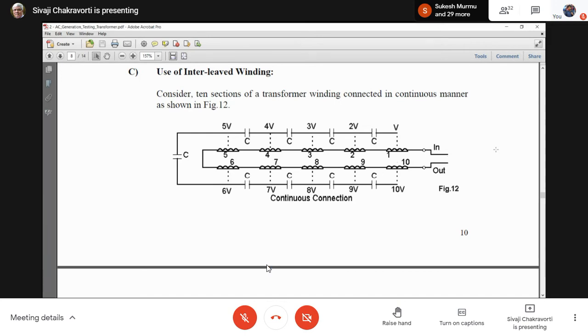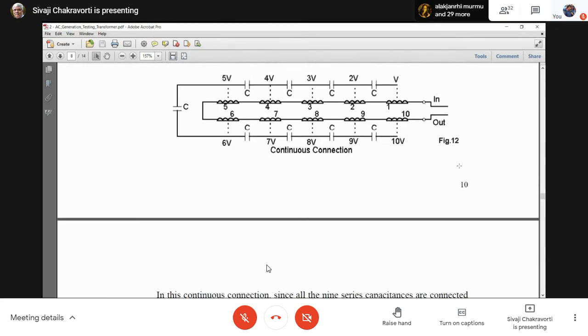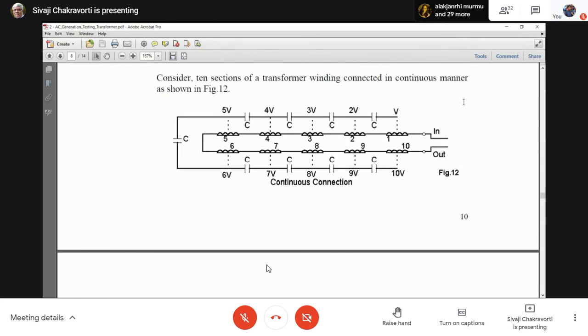So now if you ask me what is the total energy in this system, the total energy is the sum of all individual half CV square. How many are there? 9. So 9 into half CV square. And if I say the equivalent capacitance is C equivalent, what is the potential difference? It is 10V minus V, so 9V. What is the concept of equivalent capacitance?